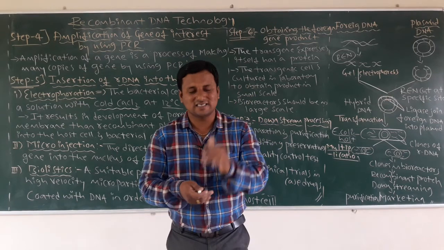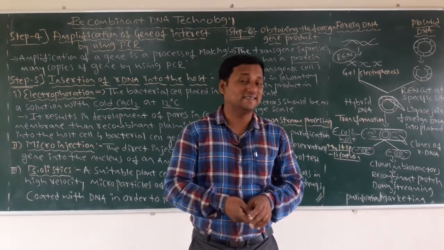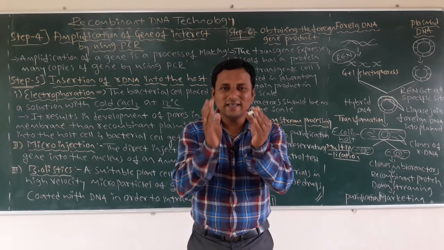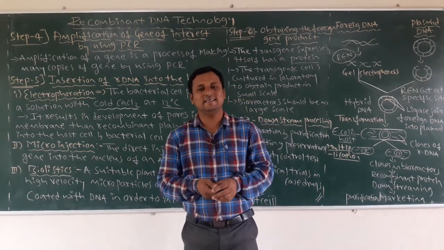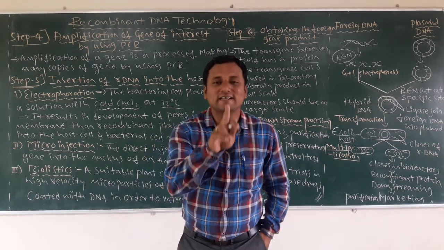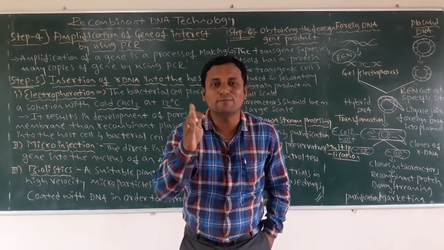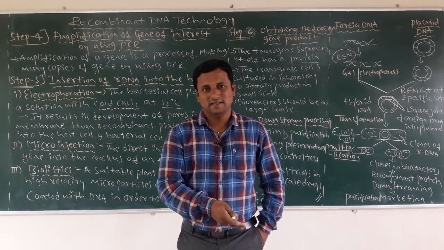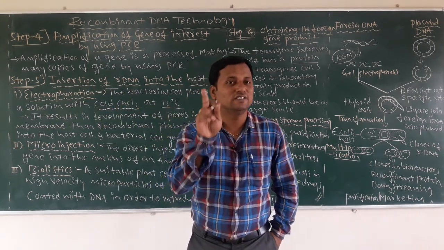And in the third step, we use the gel electrophoresis technique. Why are we using the gel electrophoresis technique? This technique is useful for separating DNA fragments size-wise by adding agarose gel.